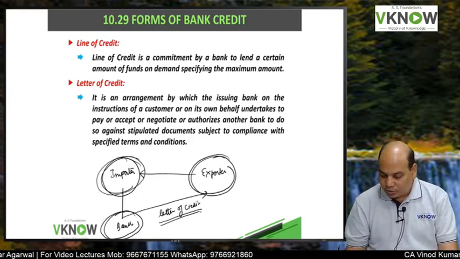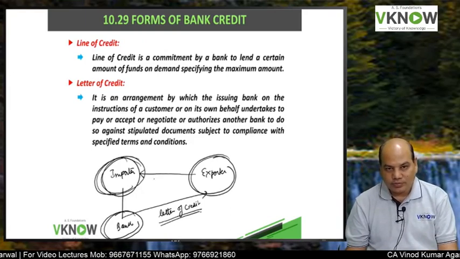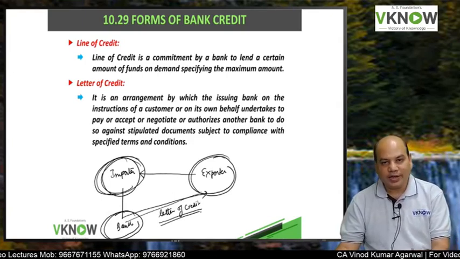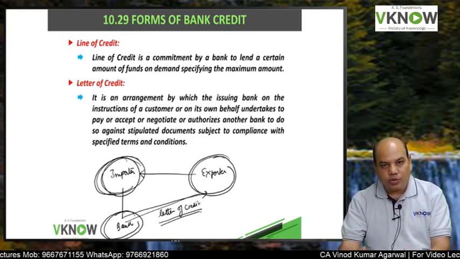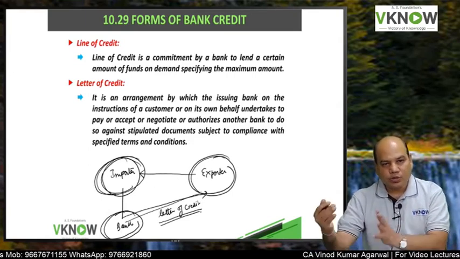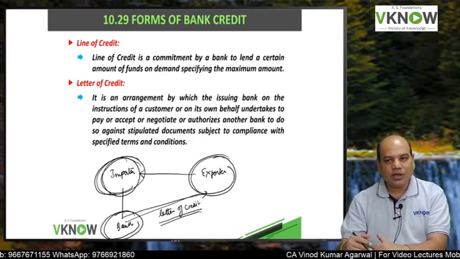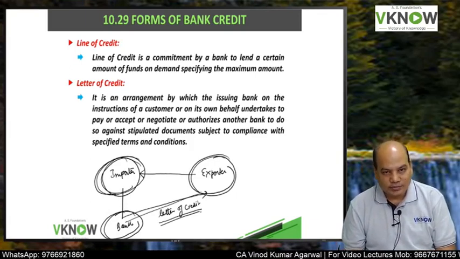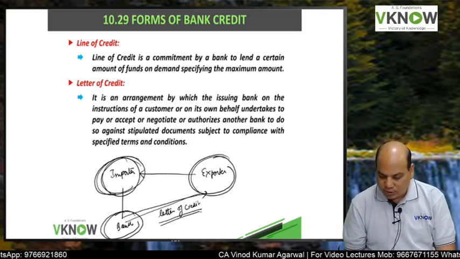If the importer does not pay, the bank will pay the exporter. So it is a kind of assurance, or what we call a guarantee, given by the importer's bank to the exporter that my customer is going to pay you if goods are delivered with all the terms and conditions which were agreed. If not, we will pay. Okay.